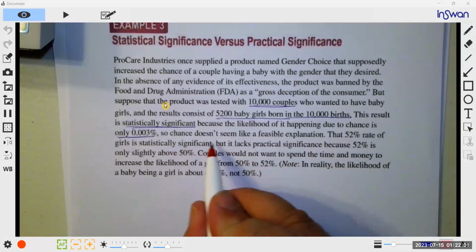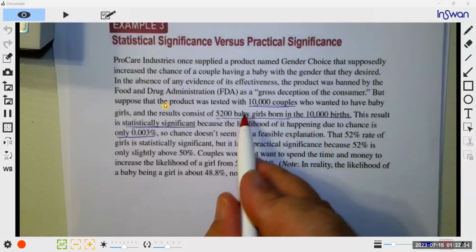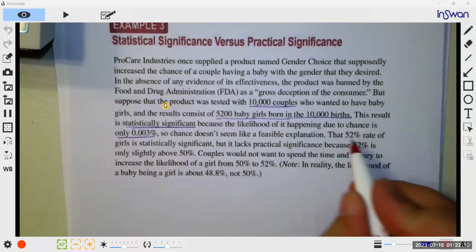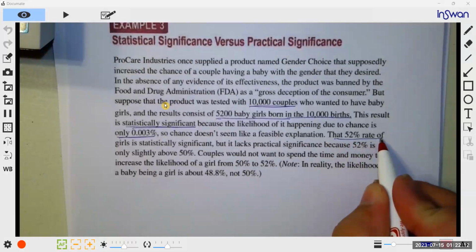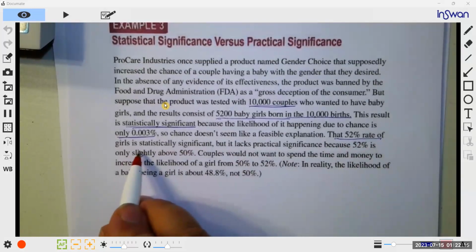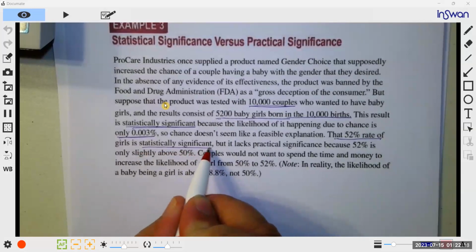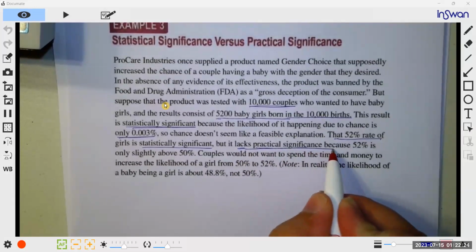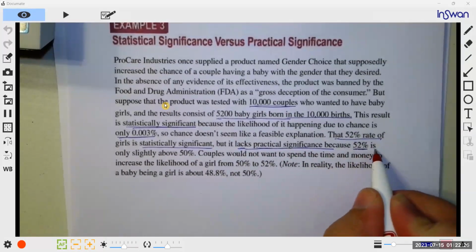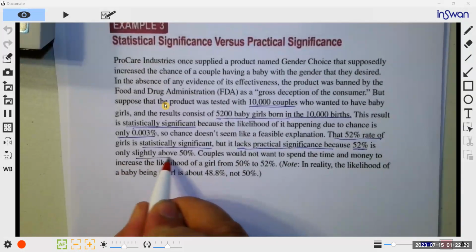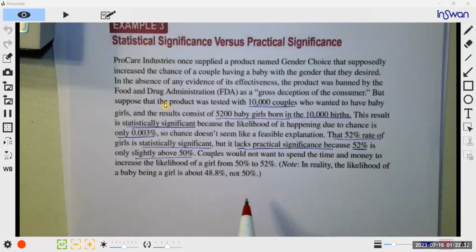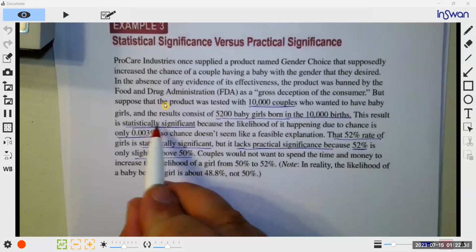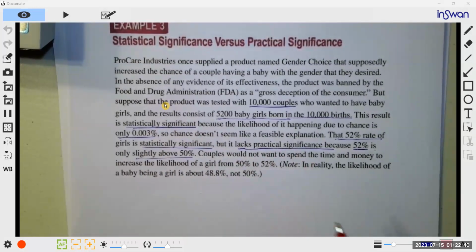So chance doesn't seem like a feasible explanation of this happening. 5,200 out of 10,000, that 52% rate of girls is statistically significant, but it lacks practical significance because 52% is only slightly above the 50%. If you didn't use the drugs, you have a 50-50 chance. So it's statistically significant, but it's not practically significant.